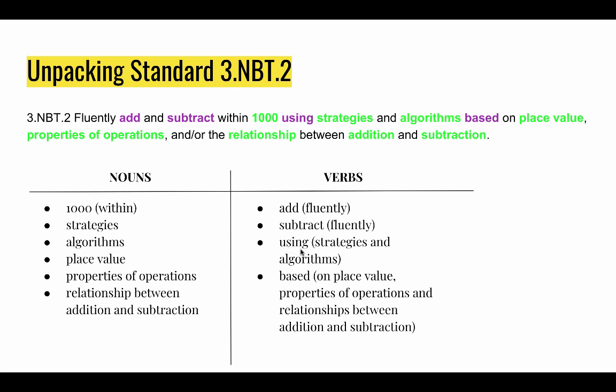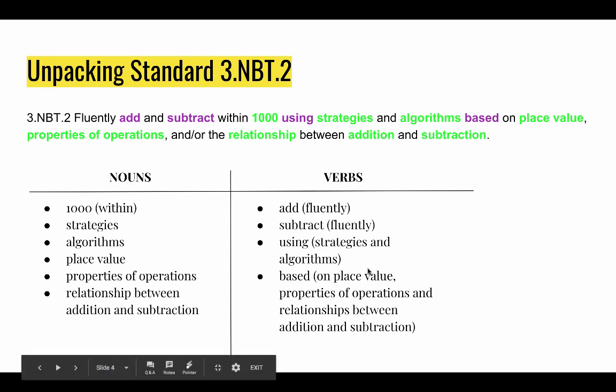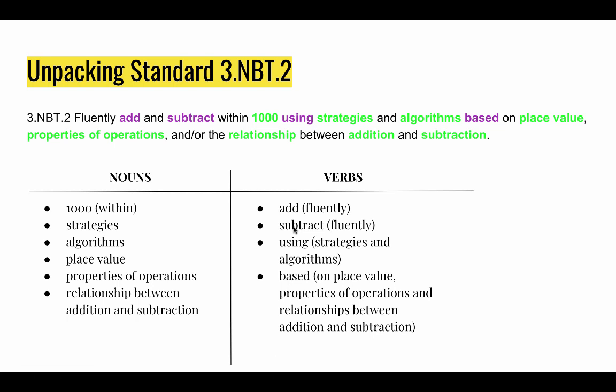So whatever they're doing, they need to be using strategies and using algorithms. And again, they need to be basing their knowledge and their actions on place value, properties of operations, etc. So these are all important things for us to pay attention to.